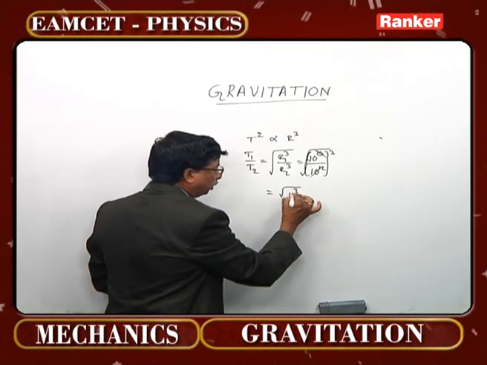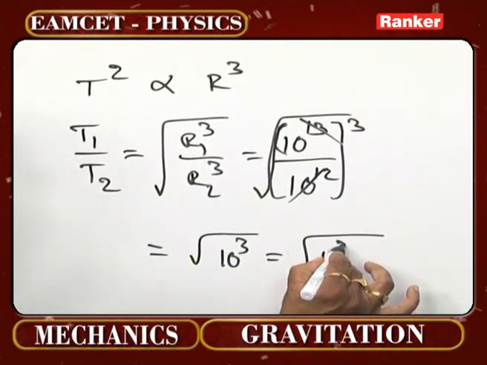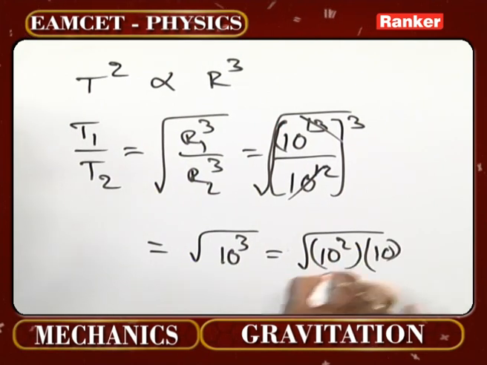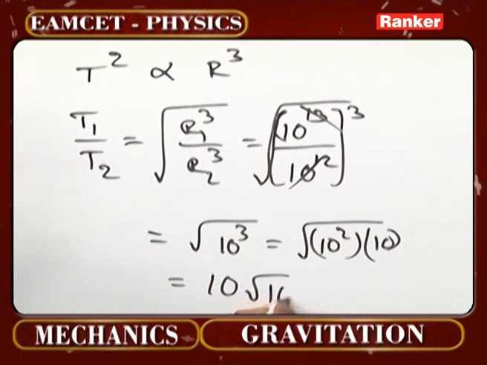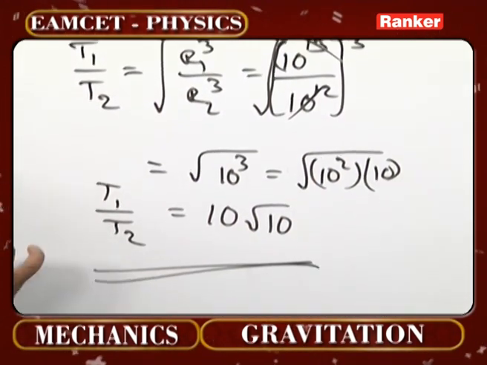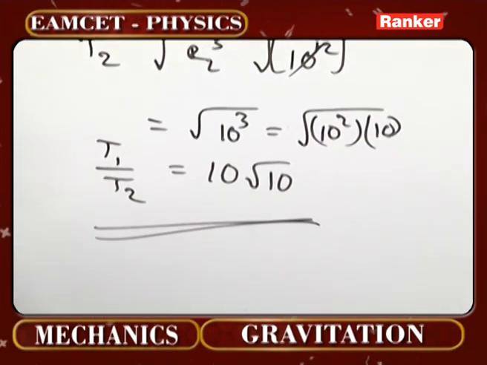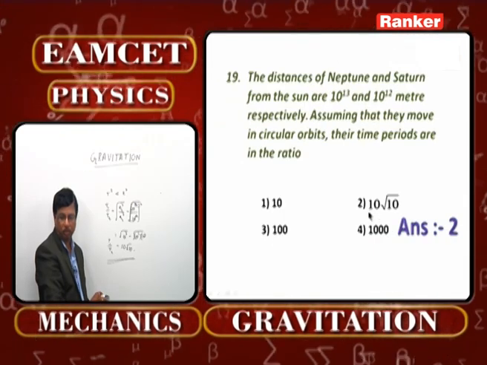Root 10 cube you are having. This can be written as 10 square into 10. After all, we understand root 10 square is 10. So 10 root 10 will be the ratio of the time periods of both the planets. So what is the correct option there? It is 10 root 10. That means the second option is going to be correct.